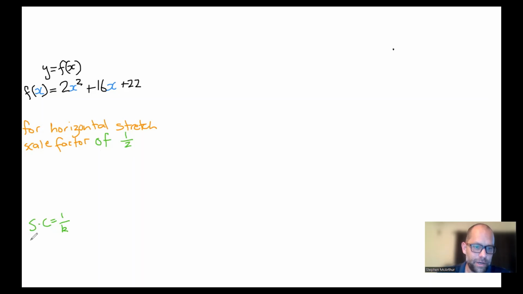So if 1/k is equal to the scale factor, which is 1/2, well then I hope it's obvious here. k must equal 2. You can see the k bit down here, and the 2. That must be true. So we're actually going to put in a 2. It's the same as what we did a moment ago in reverse. So 1/k, 1/2, k is equal to 2. Right. So let's just do this now.